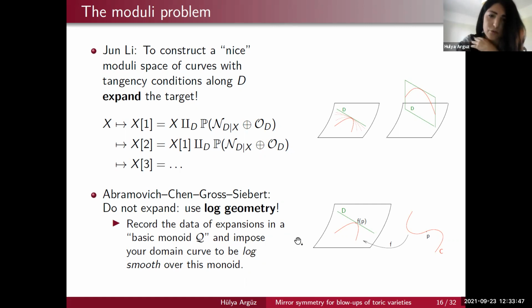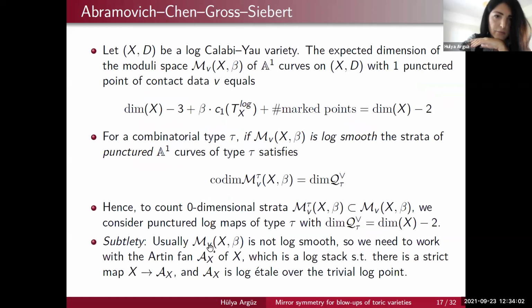It's a technical condition, but they show that you can replace this extension business just by working over curves, by imposing some additional condition on their domains to be log smooth over some basic monoid.